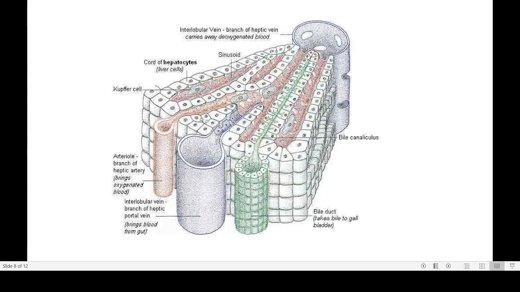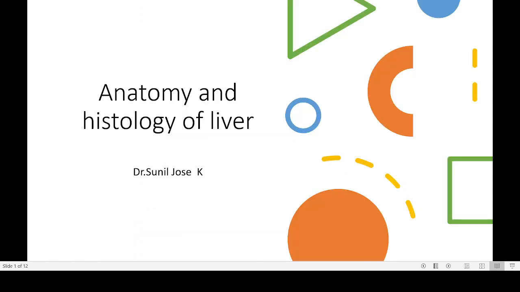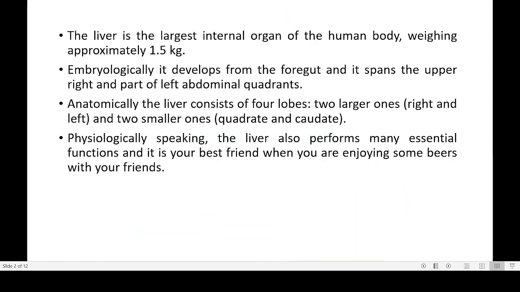Once again I will repeat. Going to the anatomy of the liver, the liver is actually composed of 4 lobes. One right lobe and one left lobe, then 2 smaller lobes called quadrate and caudate.